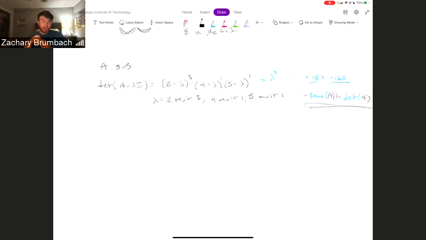And part B asks, suppose the 2 eigenspace of A is 3-dimensional, is A diagonalizable? All right, so remember, for each distinct lambda, you have that number of distinct linearly independent eigenvectors.